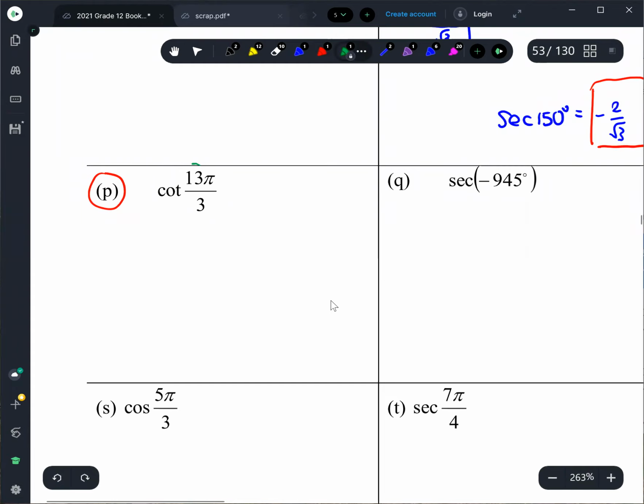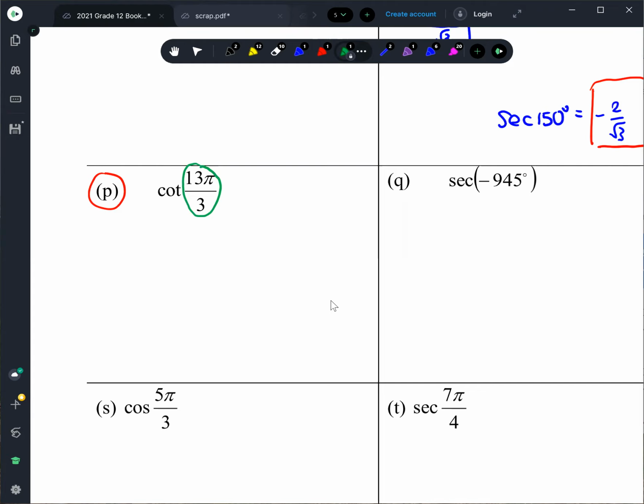The first thing that comes to your mind is pi over 3. Eric, pi over 3 is how many degree? 60, right?